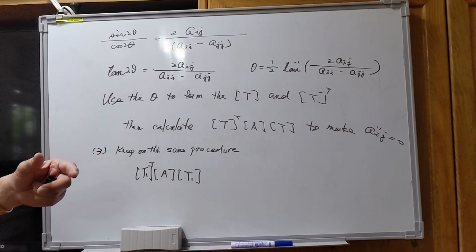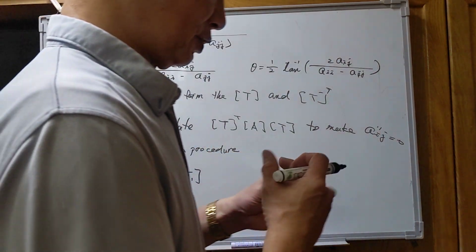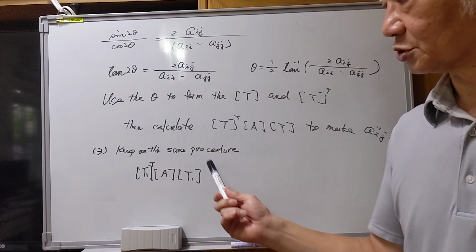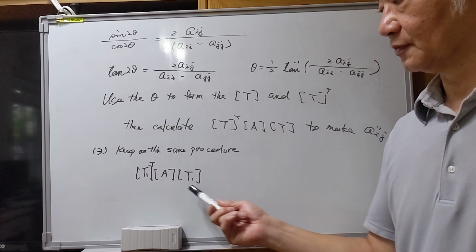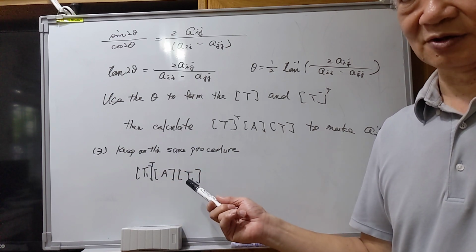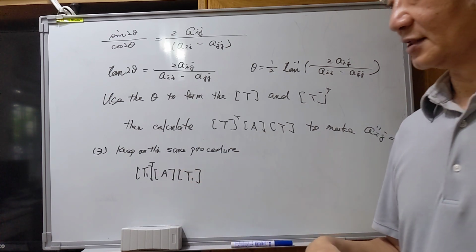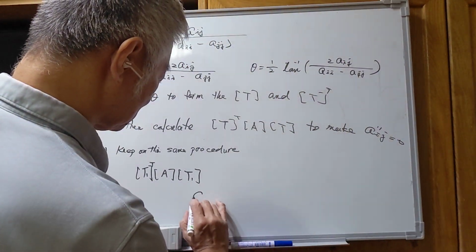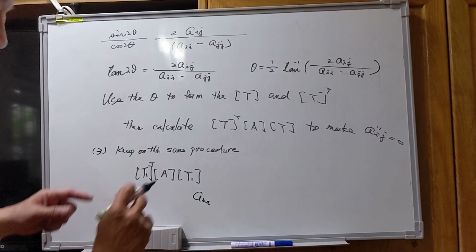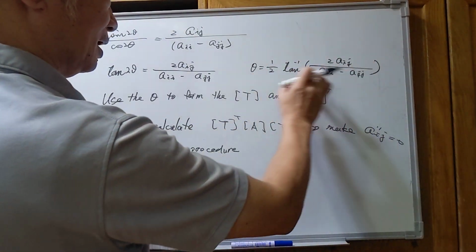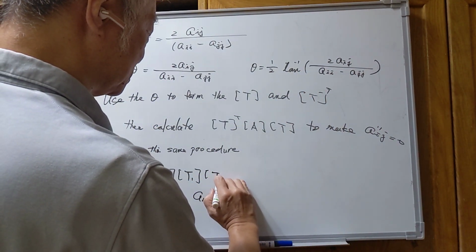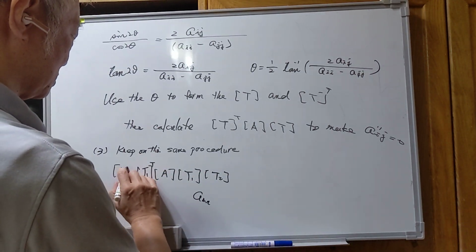Then we need to repeat the same procedure for the next cycle. So we need to search for the maximum absolute element in the final matrix obtained from this procedure. Let's say right now A_mn is the maximum absolute. Then we need to calculate theta and get the T matrix, and this T matrix is called the T2 matrix.